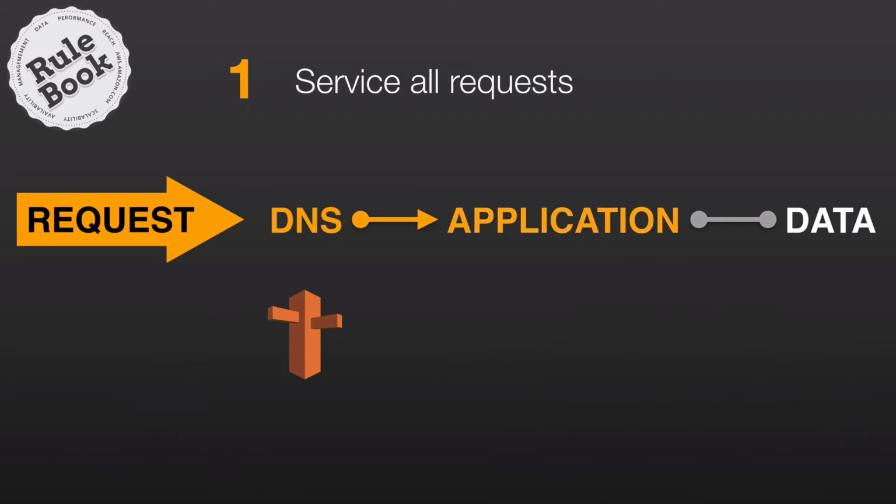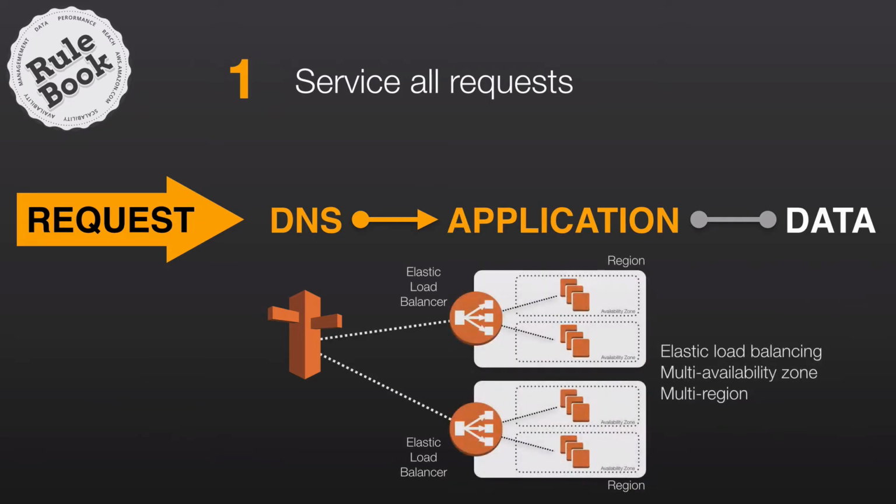So once you've got your reliable DNS service in place using Amazon Route 53, and you can resolve DNS queries, and route those onto your application, how do you make sure that your application is available behind that? Well, the first trick is to use multiple regions with load balancers in each region.